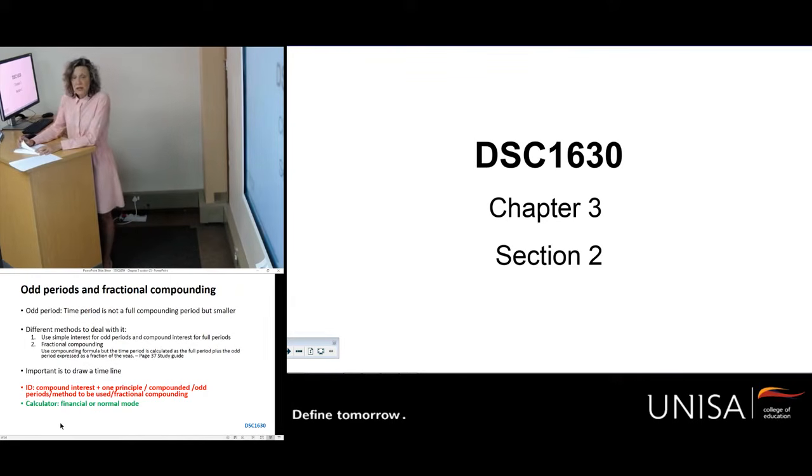The first is, for that odd period, we use simple interest, which we had in Chapter 2. Then for the full periods, let's say it was compounded monthly, we use our normal compound interest.